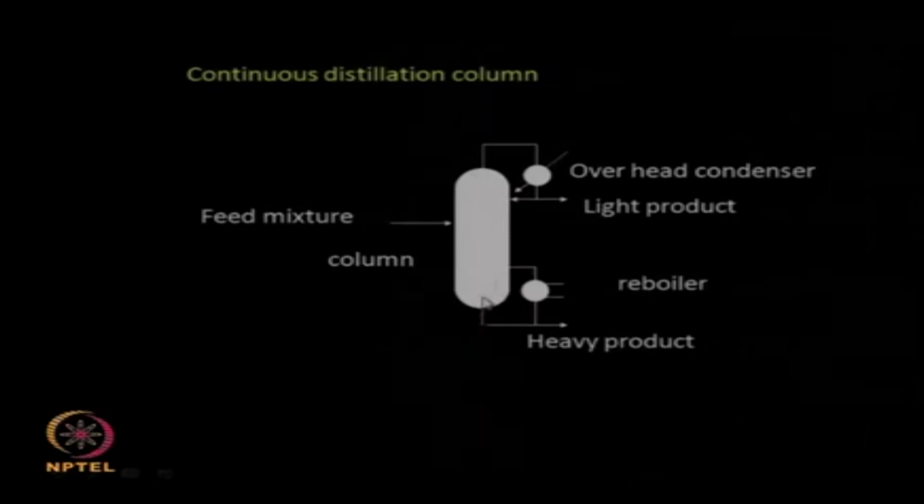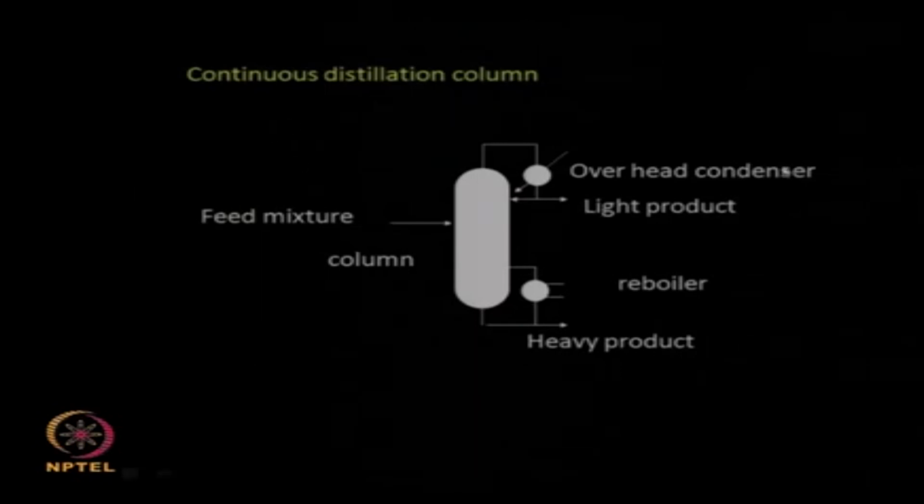So by this particular operation, what do we do? We are bringing the liquid and the vapor in contact with each other. By bringing in this contact, we are achieving movement of the low boiling material present in the liquid into the vapor phase, to rise, and movement of the heavy material to come down the column.